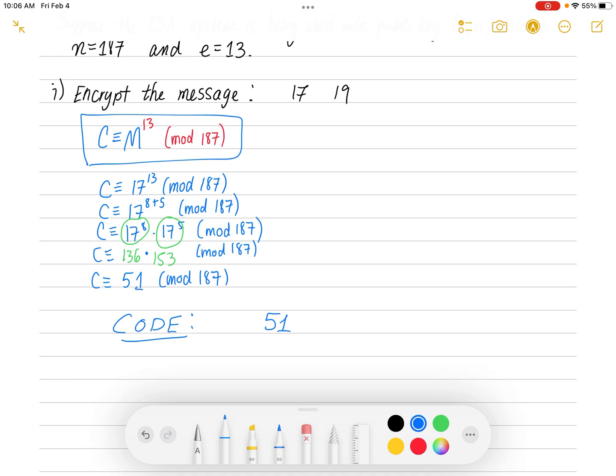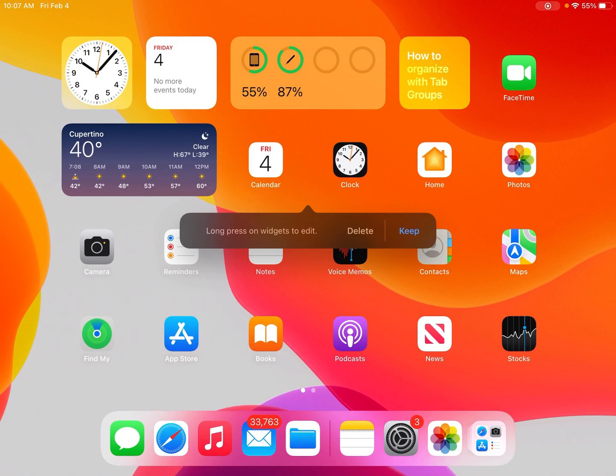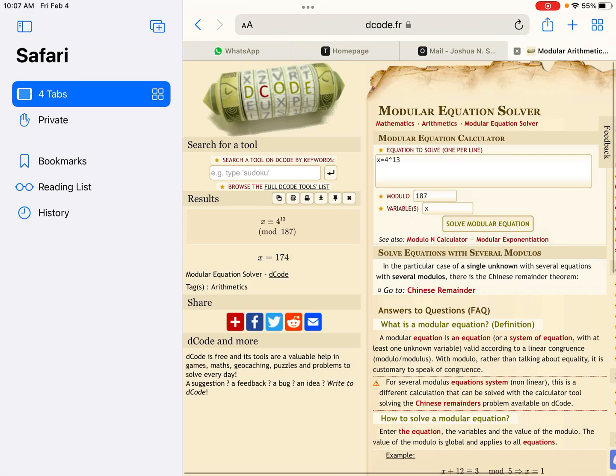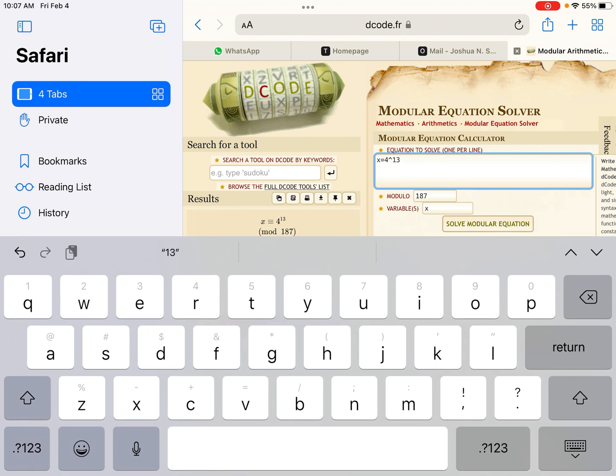Now, there's a way that you can do this much more efficiently without using your calculator and having to break things up like we have here. You can go to a website I have here, maybe you can see it's decode.fr. What I want to do is a modular equation.